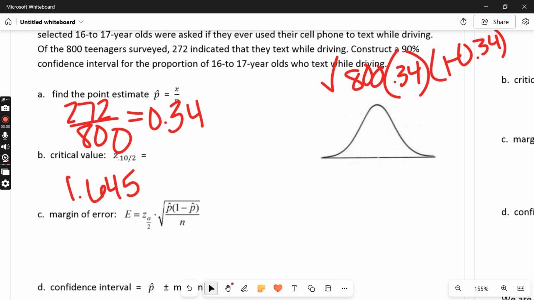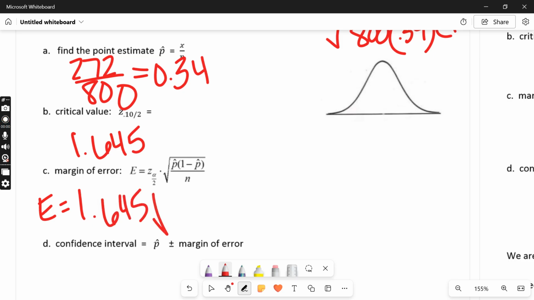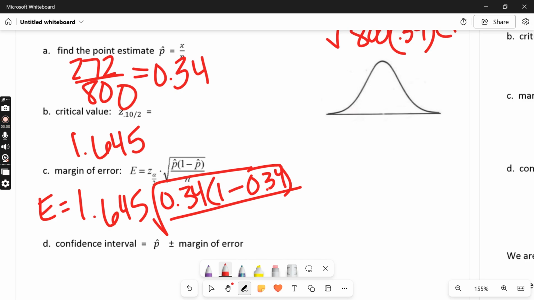To find my margin of error, I'm going to fill in that formula. So the first thing is my critical value, 1.645, times the square root of my point estimate, which is 0.34, times 1 minus 0.34, all over 800.